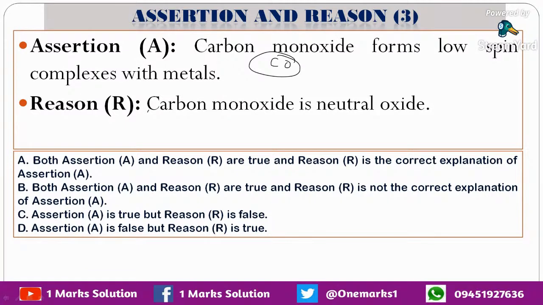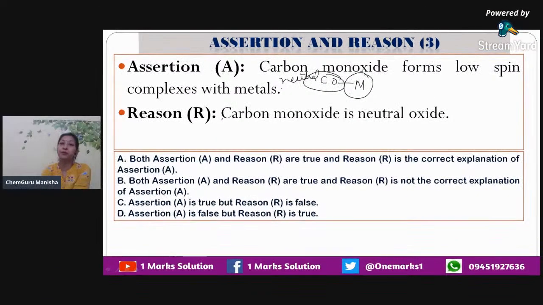Now the reason says that carbon monoxide is a neutral oxide. Carbon monoxide is, of course, neutral in nature, and every time it's binding with some metal, it's forming a metal carbonyl bond.